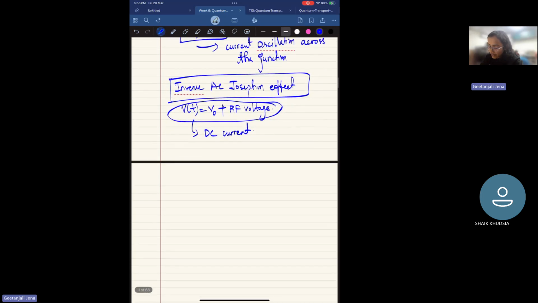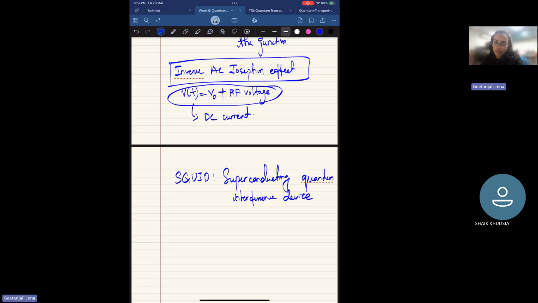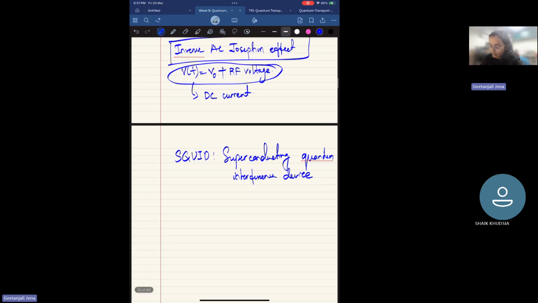In the last part, we have the SQUID, that is, the superconducting quantum interference device. This is like a magnetic analog of the AB effect that we have seen earlier.